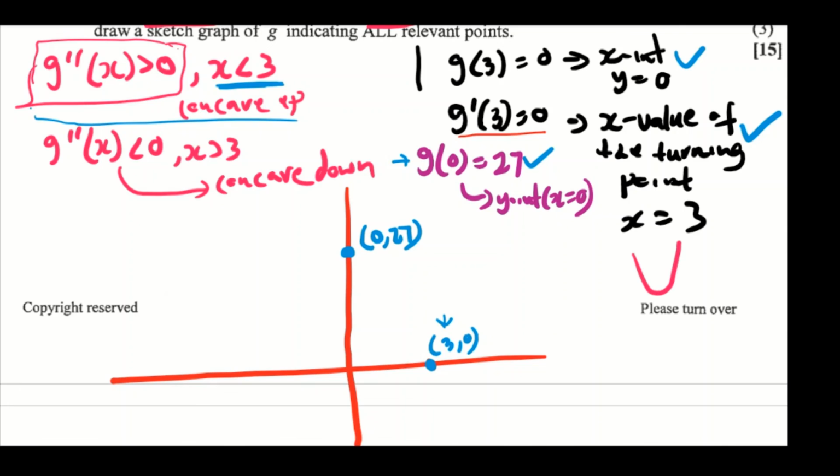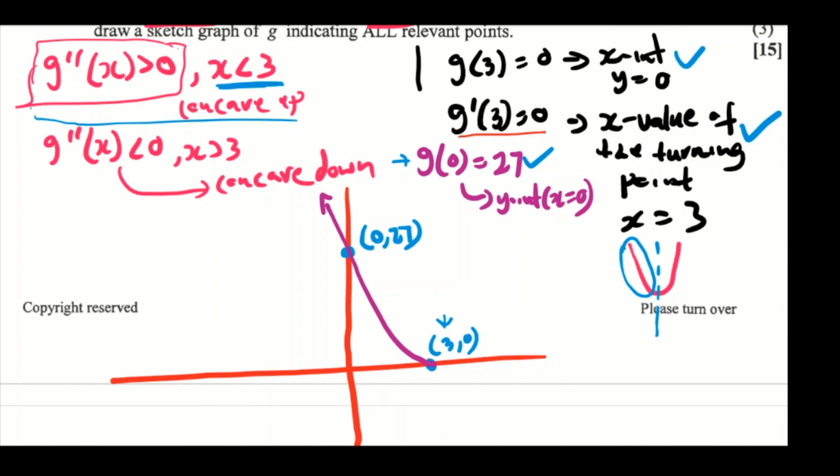It looks like this, but obviously we can't draw everything because it's a cubic function. We can simply draw one portion, which is this one here on the left hand side. So it's concave up. Let me see which color I can use to draw this. Let me use this one. So it's concave up, so it's going to look like this, right? Cool. It's just going to continue like this.